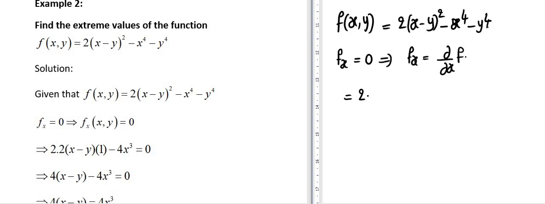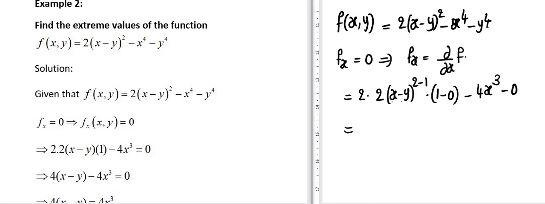First I am going to use the power formula: 2 into x minus y power 2 minus 1, n into x power n minus 1. Here x differentiation is 1, y differentiation is 0, because we are doing with respect to x. Minus x power 4 differentiation is 4x cube. Y power 4 differentiation is 0 because y is a constant.